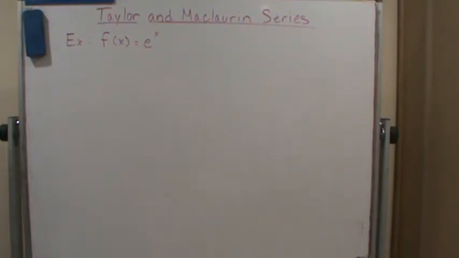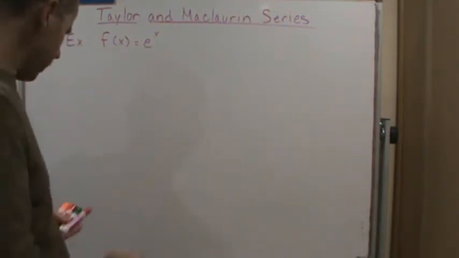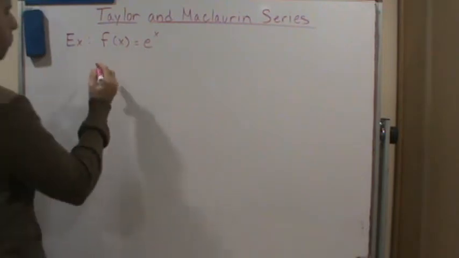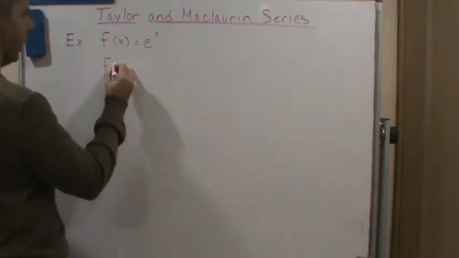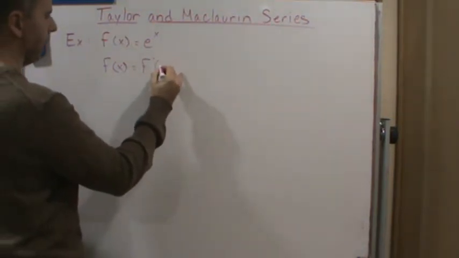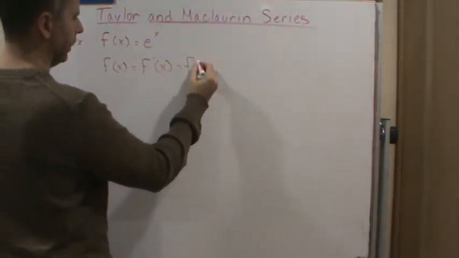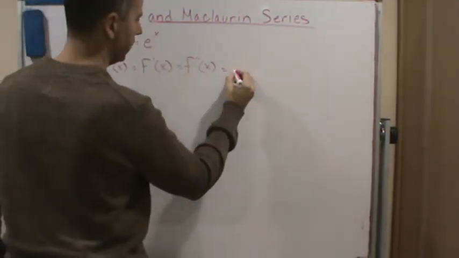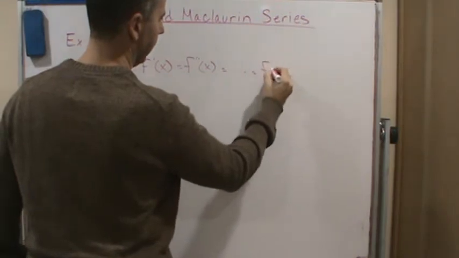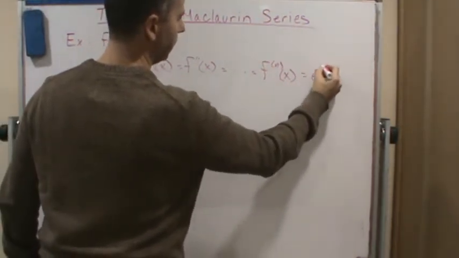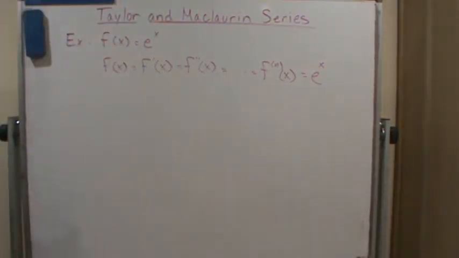Well, first of all, it turns out to be very straightforward, because we know f of x is equal to f prime of x, which is equal to f double prime of x, which equals the nth derivative of x, which equals e to the x, because the derivative of e to the x is e to the x.